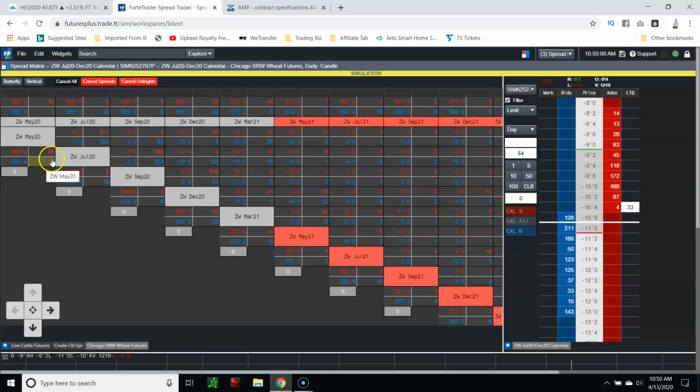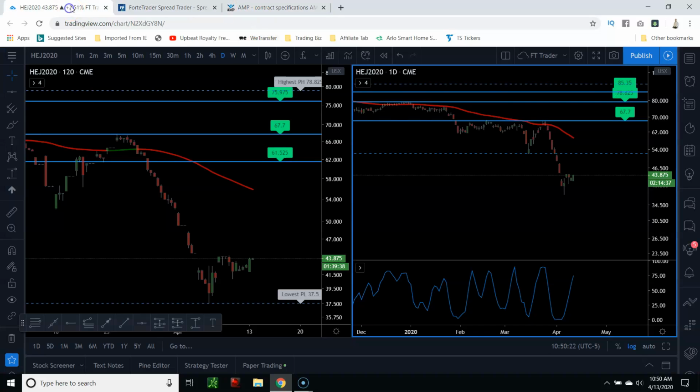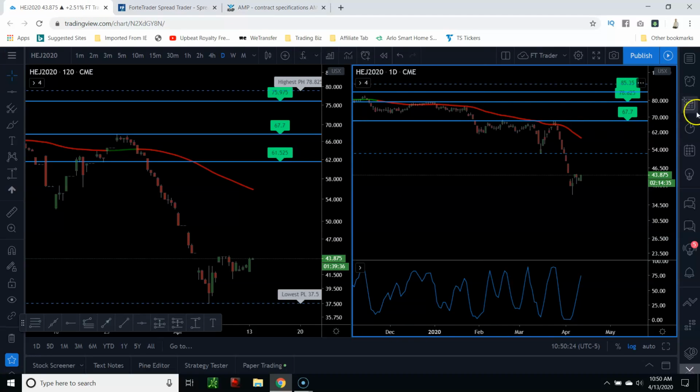So there's different structure. But when you're dealing with something like the S&P 500 or NASDAQ, it's a different game, guys. If you do ES versus ES, if anything, the only thing that's within there is interest, because it's not a physical product, and so things are priced in differently and efficiently.